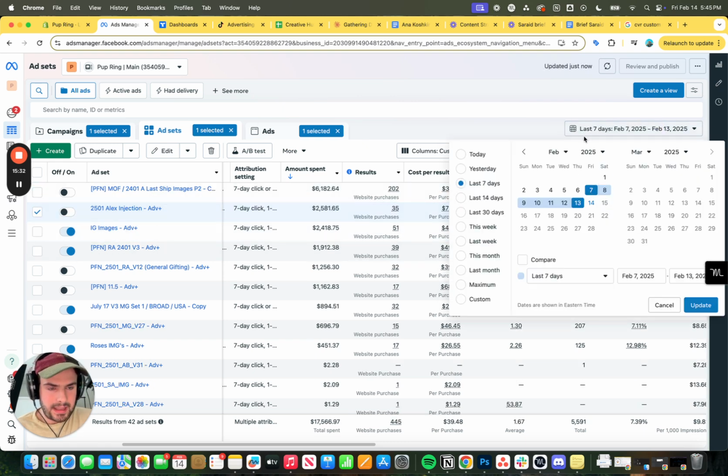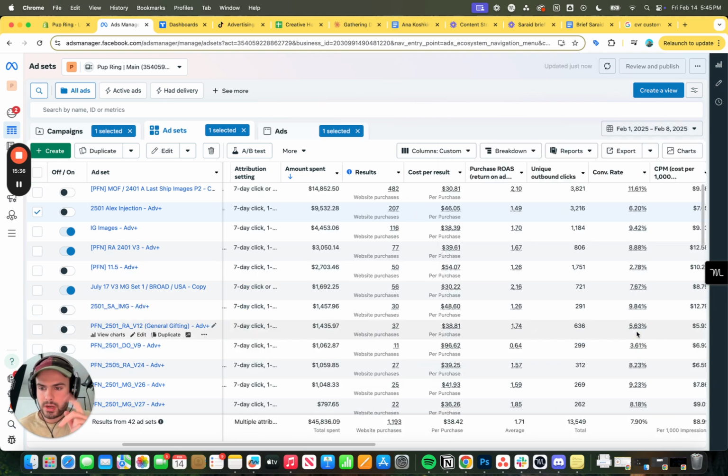And as I'm looking at a blended 7-day view, I'm asking myself one question: which direction is this creative heading in? Is it heading in a direction where it's improving, or is it heading in a direction where the performance is slowing down? And as you look at your blended views, that will allow you to see if you should start considering killing it or not, right?